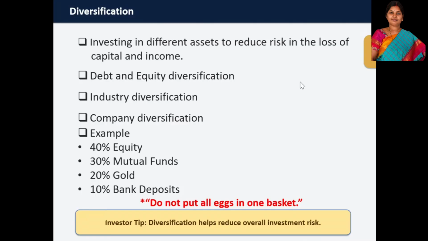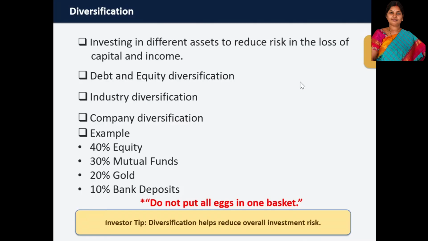If there is a debt, then you will get less interest, but at the same time you will have stable returns. Means your risk is also less. But if you take equity into consideration, your returns may be high because you're taking more risk. So you have to make debt and equity diversification and see that the risk is minimized and returns are maximized.